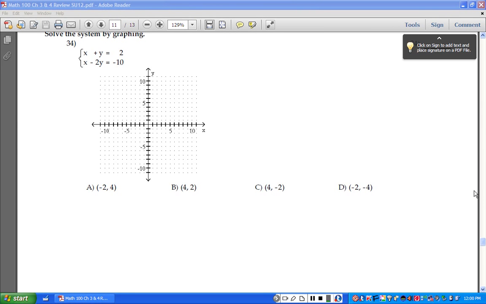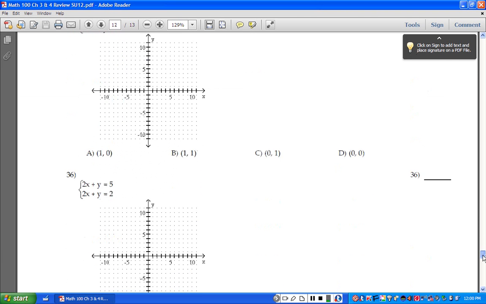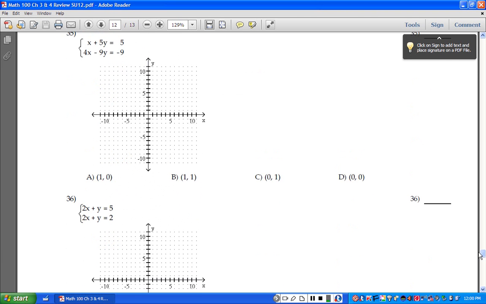So let's move on to 35. Alright, 35. Still solving by graphing. Okay, so if I graph the first equation using my intercepts, since it's in standard form, x would equal 5.